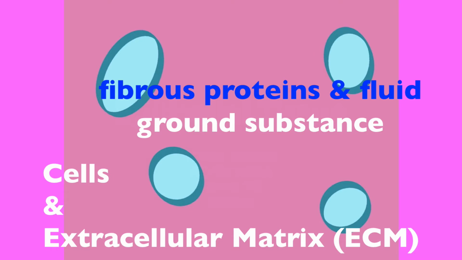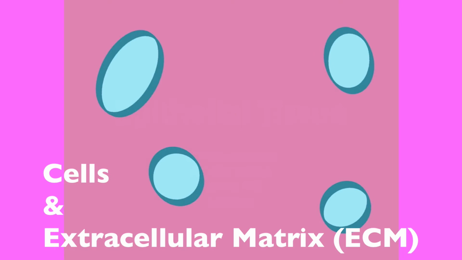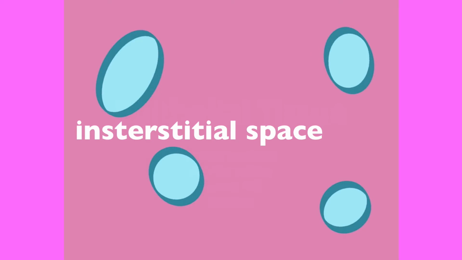So when we're describing a tissue, oftentimes we're describing the tissue as being tightly packed with cells and very little extracellular matrix, which once again is the pink area. It's the interstitial space, highly cellular or not highly cellular. So if we look at this slide right here, this is not highly cellular because we see a bunch of extracellular matrix.